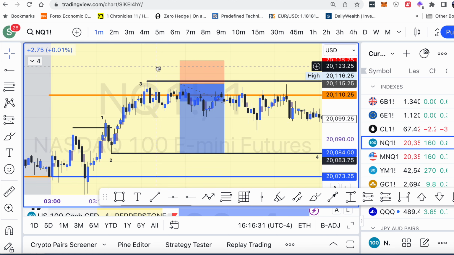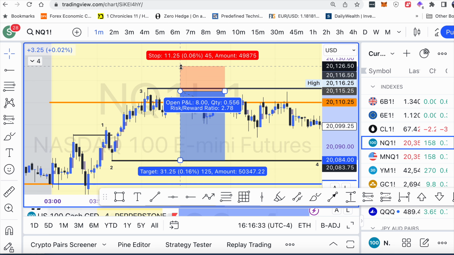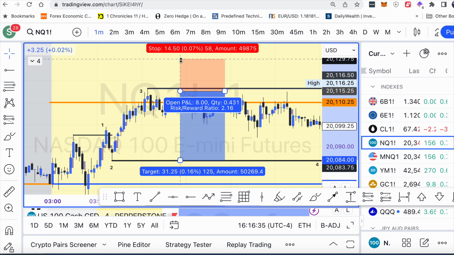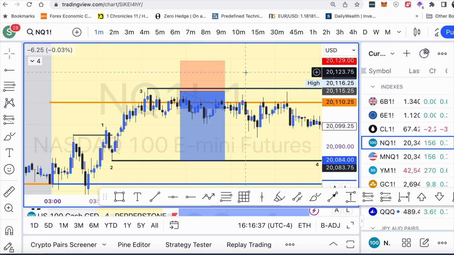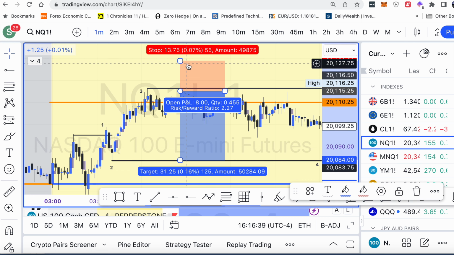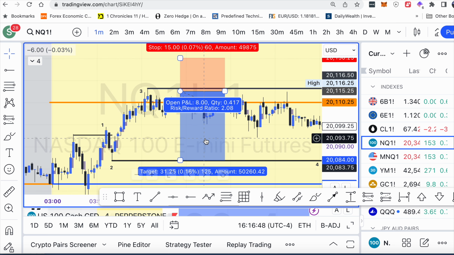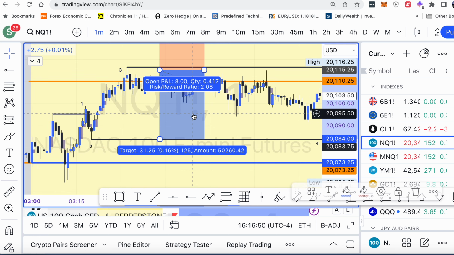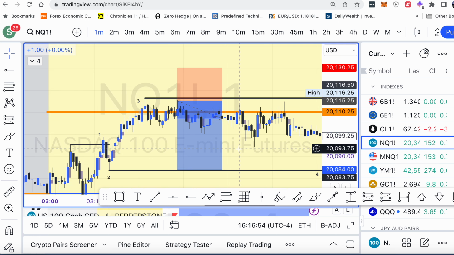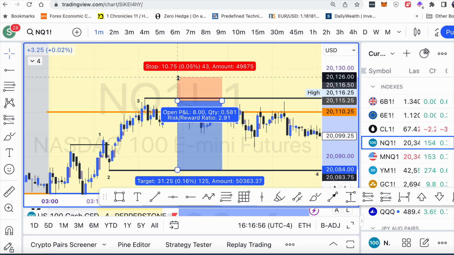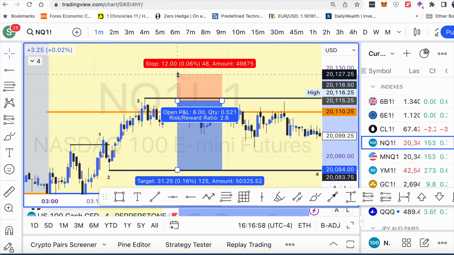I prefer the 2, and I normally put the stop at 55 ticks. You can have a smaller stop, but I still recommend a 55 to 60 tick stop for a 1 micro, because you're aiming for a 125, which is a big target. So if you're going at 40 or 55, that is good.